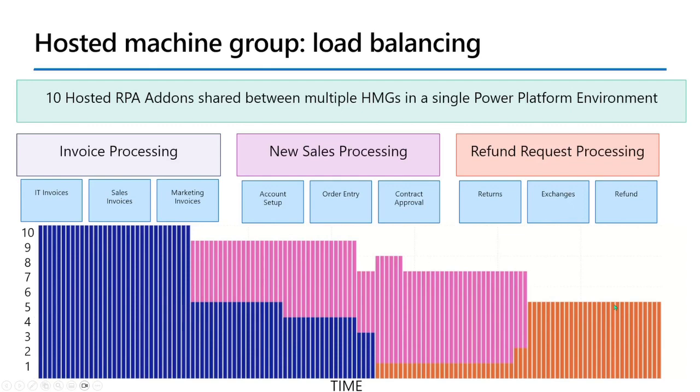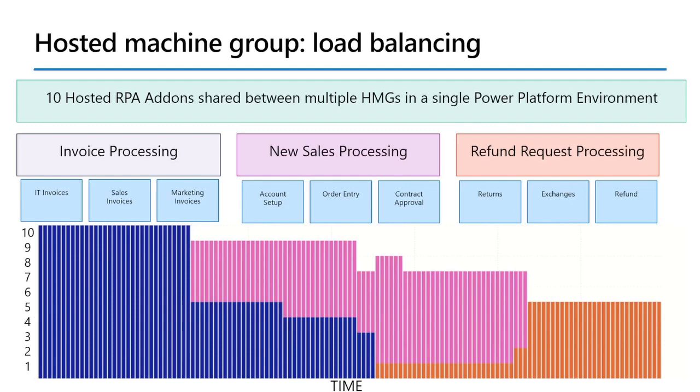So again, the idea here is that, if we wanted to say, okay, at the peak, we're going to have 10 machines running invoice processing, and at the peak, we're going to have 9 machines running sales processing, and at the peak, we're going to have 5 or 6, we'll say 5, running refund request processing at peak.